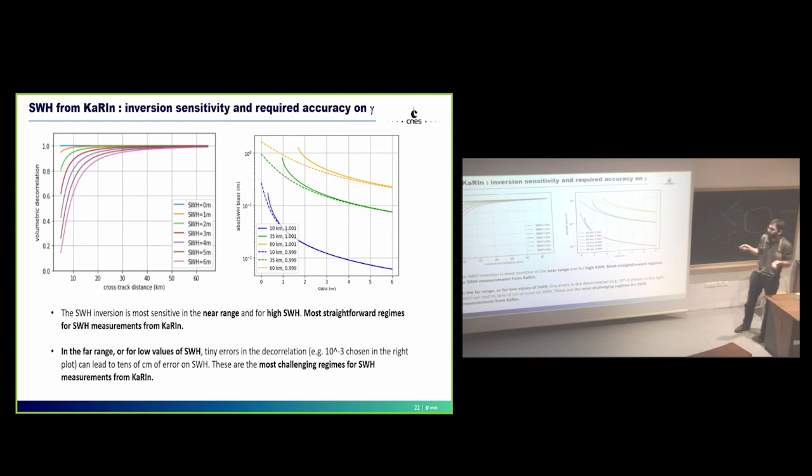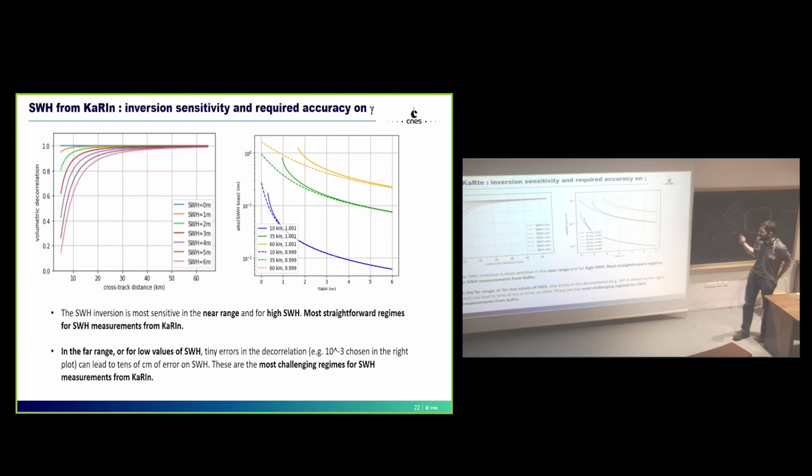You're almost insensitive to the effect of waves in this regime. So a tiny error on decorrelation will give you a huge error on significant wave height, right? At 60 kilometers, in the very far range, the limits of the SWOT image, you would get errors of several tens of centimeters, or even, for low significant wave heights, almost a meter or so.